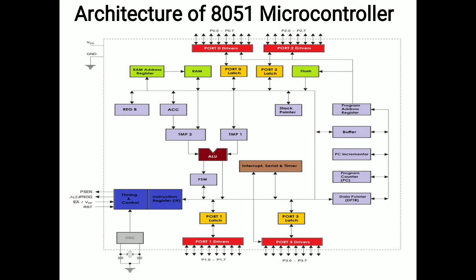After that, we move towards the timing and control and instruction registers, where in case of timing and control, the first and most important block is the oscillator.